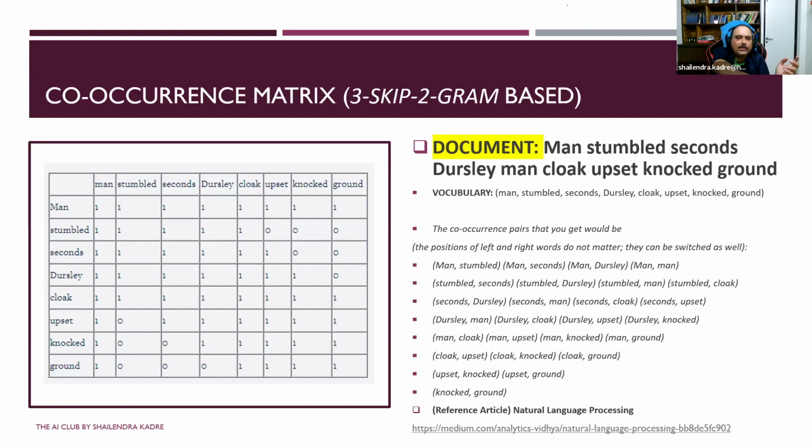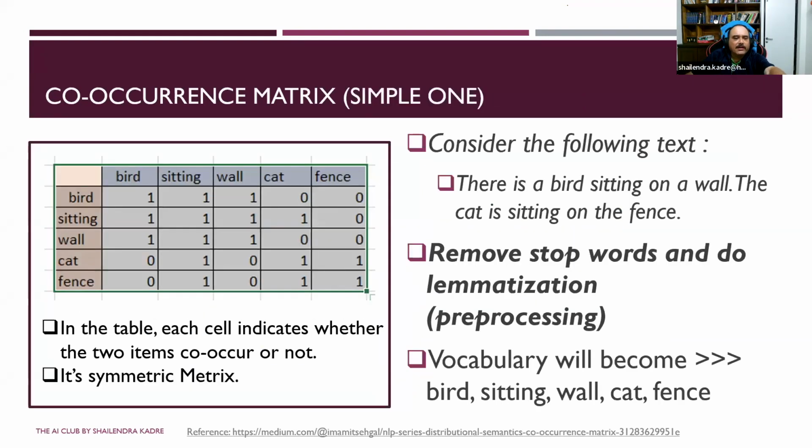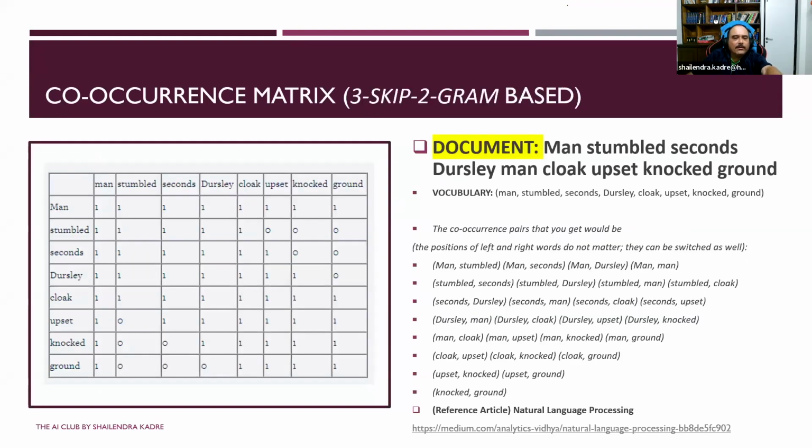Like in the co-occurrence matrix, we are putting the full vocabulary in the rows and the full vocabulary in the columns. Is this understood, Dr. Shailesh? So we are putting all the words in rows and all the words in columns. Again, it's a square matrix, so diagonals will automatically be 1.